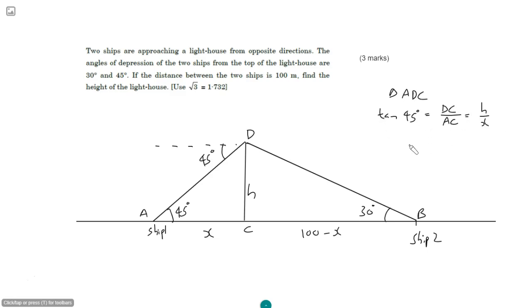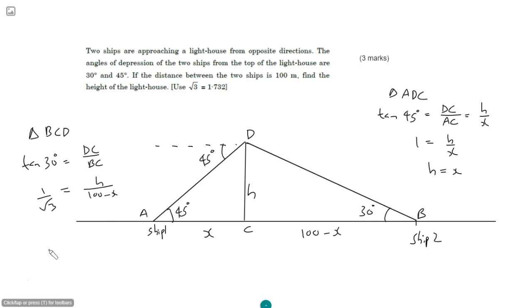You know that tan 45 degrees is 1, so 1 is equal to h by x, or h is equal to x, right? Now if you look at the other triangle BCD, tan 30 is going to be DC by BC, that's going to be h by 100 minus x, right? And you know that tan 30 is 1 by √3.